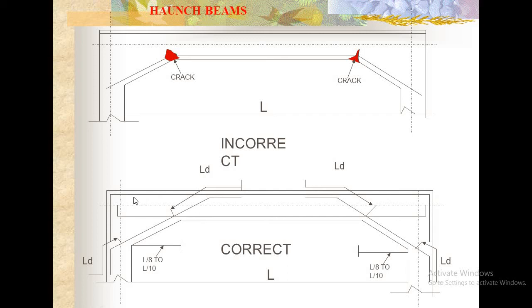And for the top reinforcement, the stirrup holder is already there. That main stirrup holder is also extended towards the column. Actually, this triangular portion of this beam is also a part of the column. So this is the correct way of providing the reinforcement.